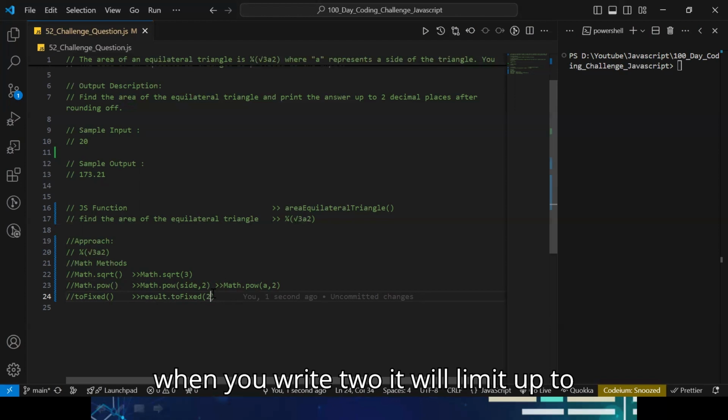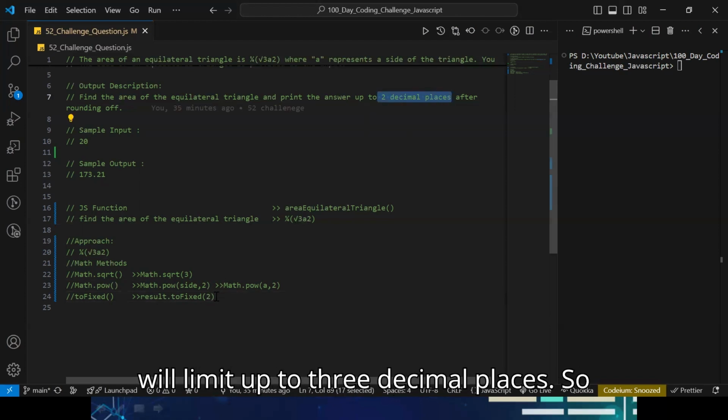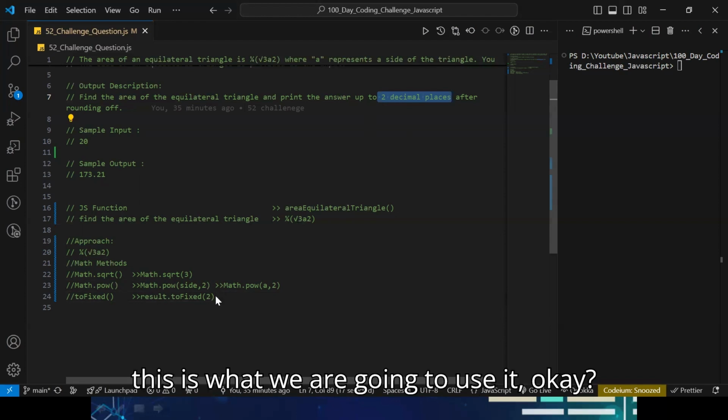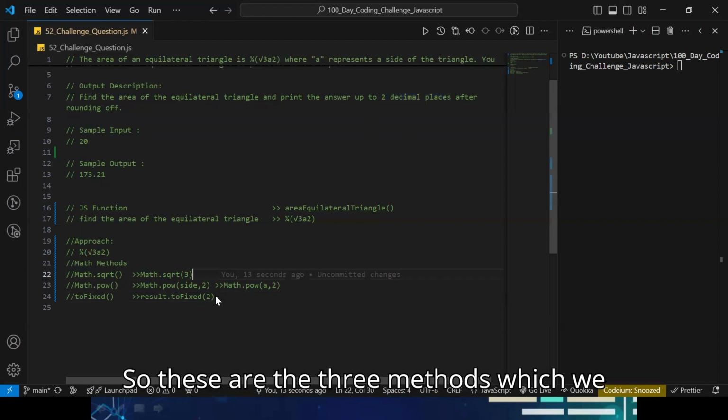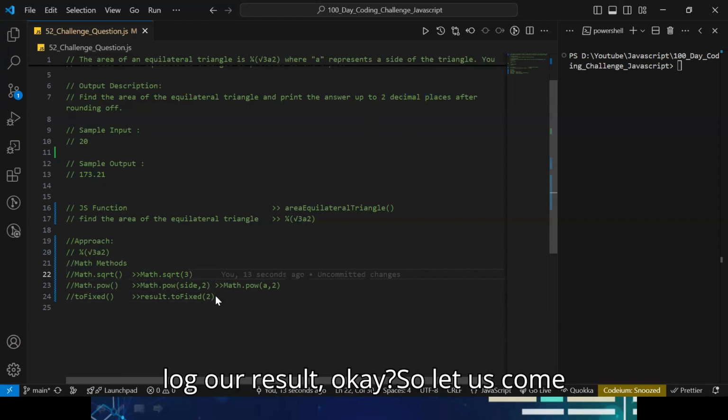When you write 2, it will limit up to 2 decimal places. If you write 3, it will limit up to 3 decimal places. So these are the 3 methods which we will be using. After that, we will just log our result.